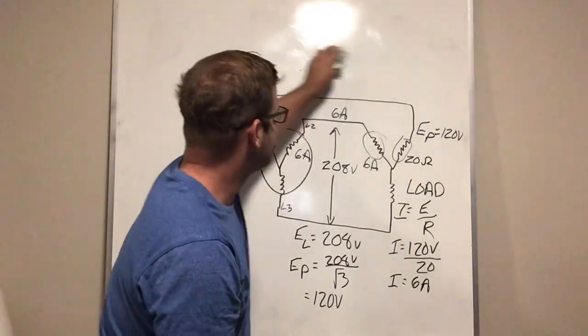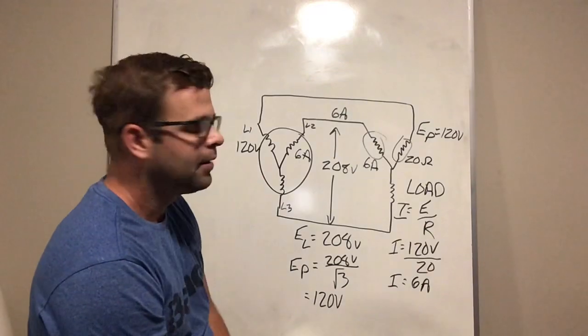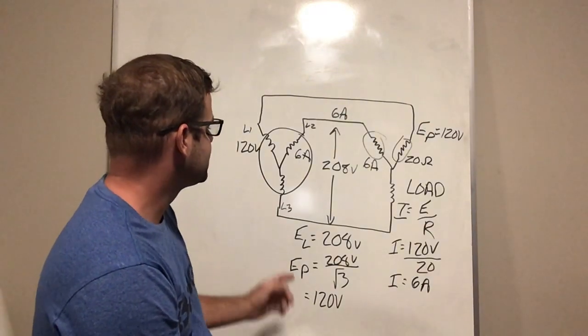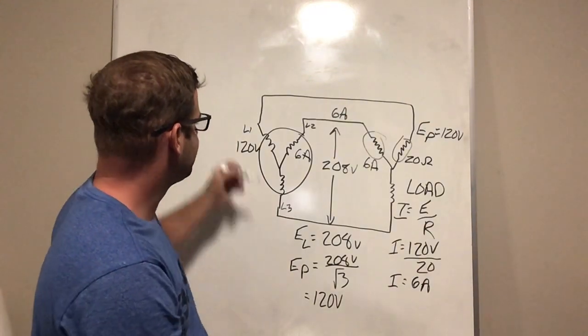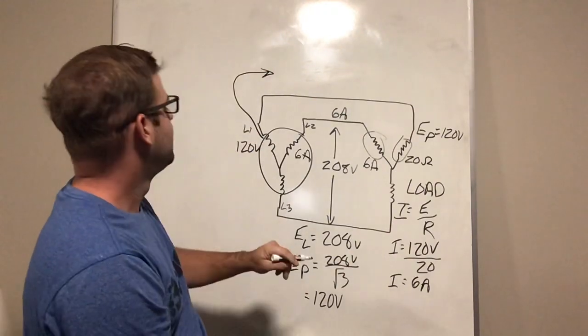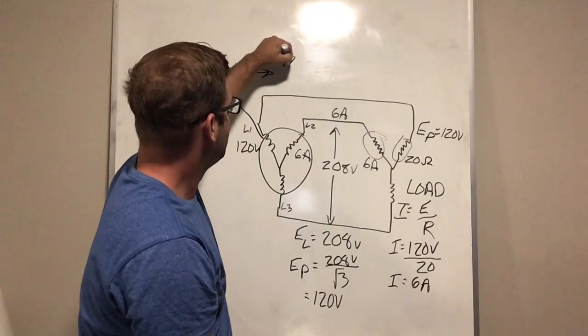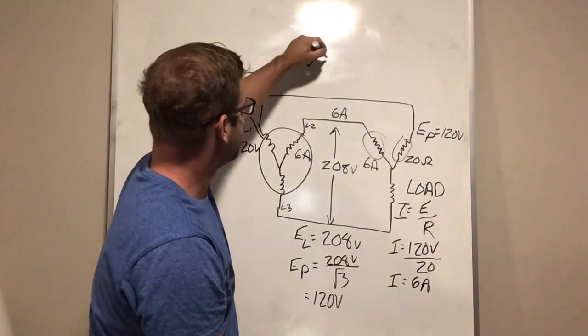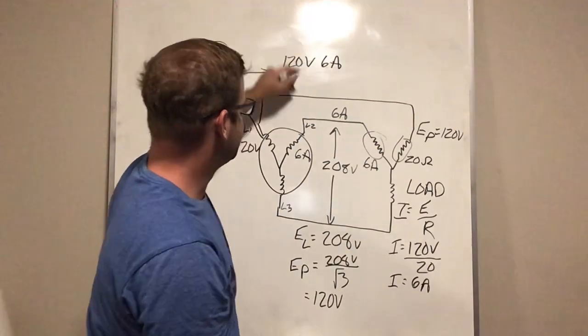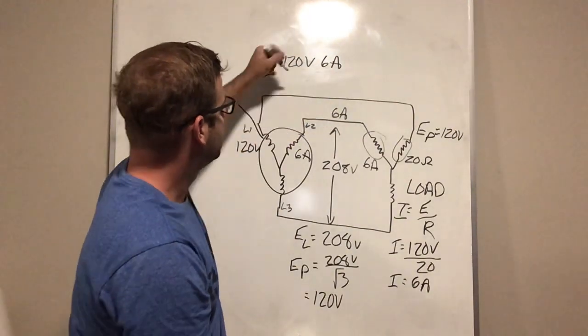At this point, I want to look at power. If we look at single phase power, so if I look at this phase right here, I know that I have 120 volts and I have 6 amps, and those are the two pieces that make up power.